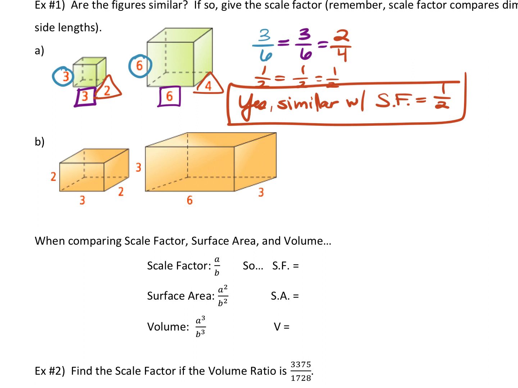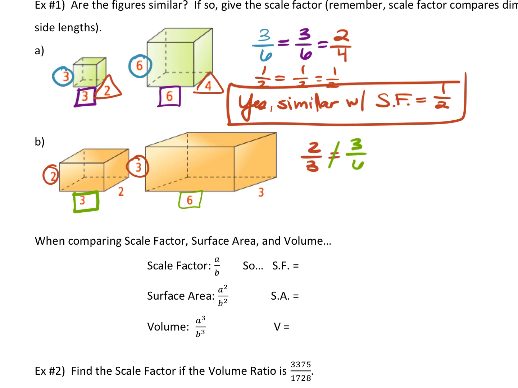Okay, so look at letter B there. The 2 corresponds to what? The 3. So 2 to 3 should equal 3 to 6. Right there, you should be done with this problem. Why?